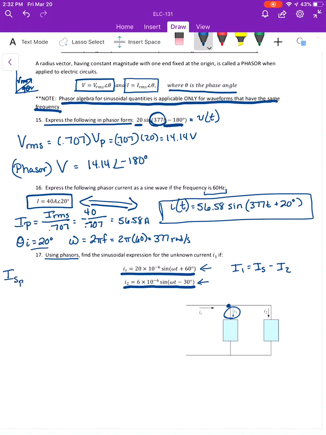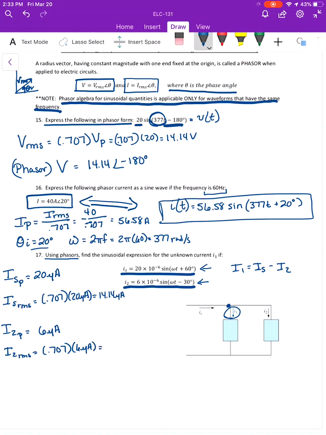So IS peak is 20 microamps, which means IS RMS is 0.707 times 20 microamps, or 14.14 microamps. And let's find the RMS value of I2. The peak value is 6 microamps. So the RMS is 0.707 times the 6 microamps, which would be 4.24 microamps.